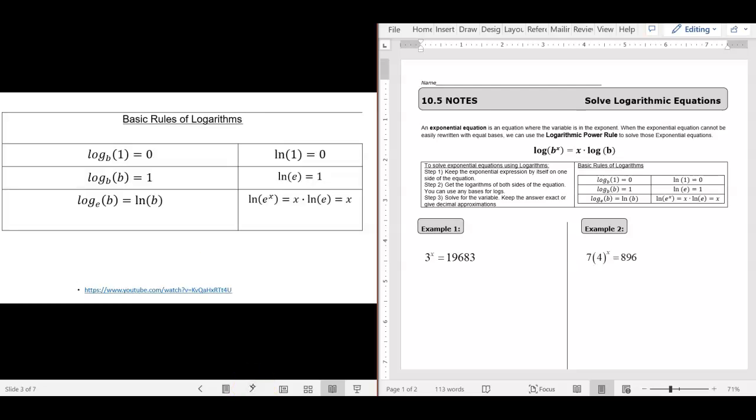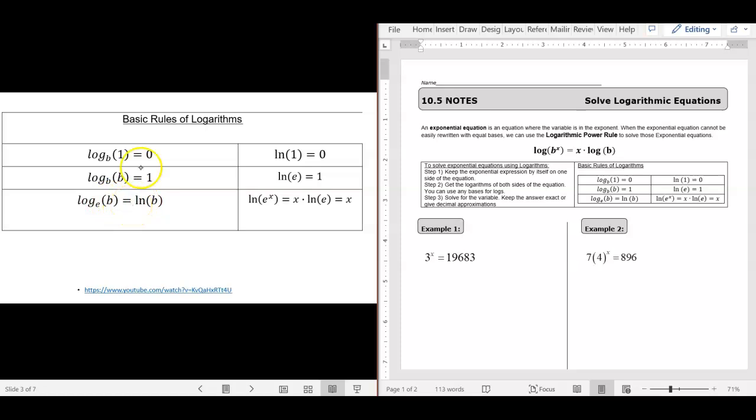So here's our basic rules. Any log of the number 1 is going to give you 0. Log base b, if the base matches what's in the argument in the parentheses, that's going to give you 1. And log e, or natural log, okay, those are the same thing.